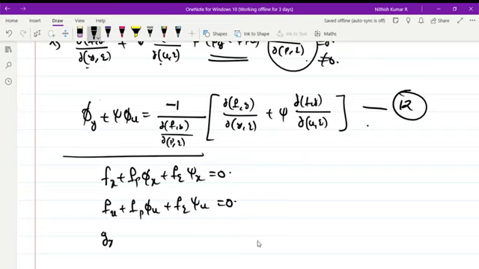Now similarly, we just differentiated equations 1 and 2 with respect to y and u. Now we shall differentiate the same thing with respect to x and u.